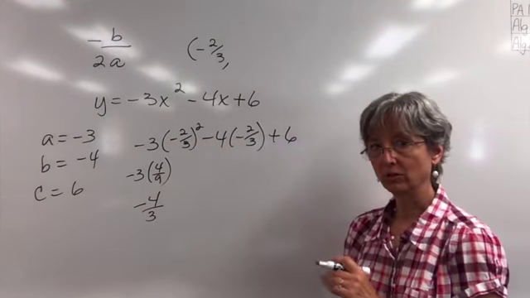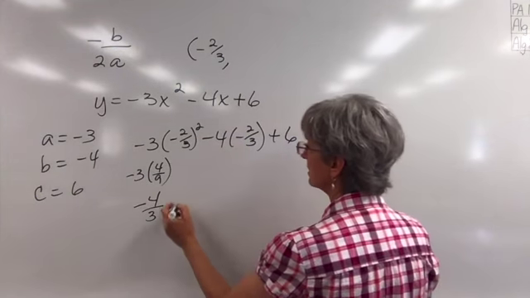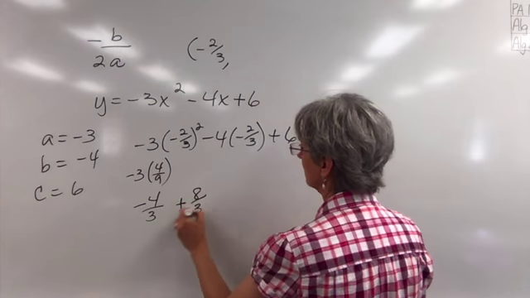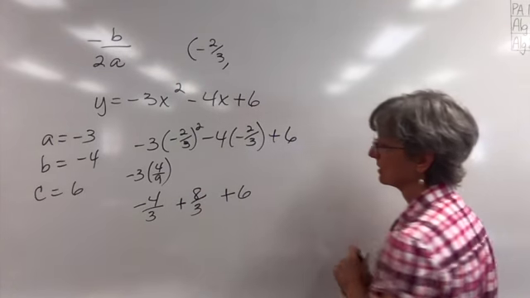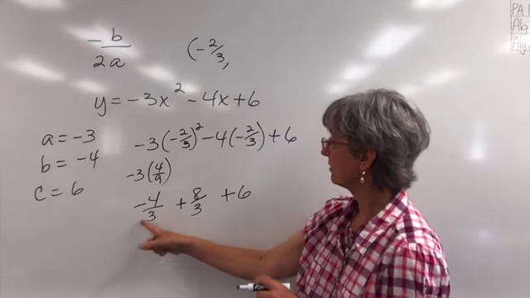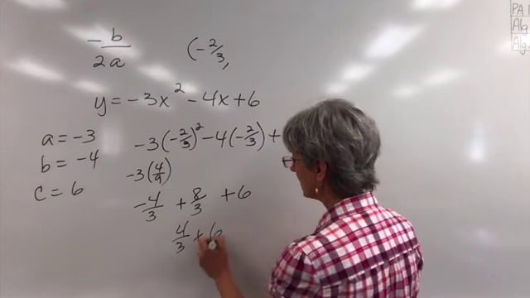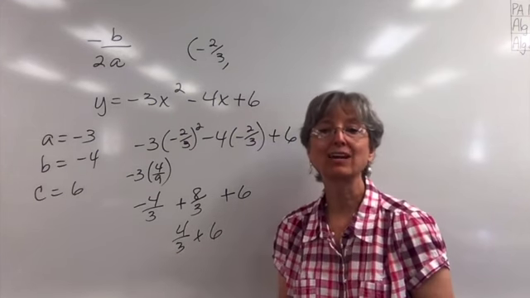Right? We good with this? Negative 4/3. And this becomes positive 8/3, and plus 6. Okay, so negative 4/3 and positive 8/3 is 4/3, plus 6. So that looks like it's 7 1/3.